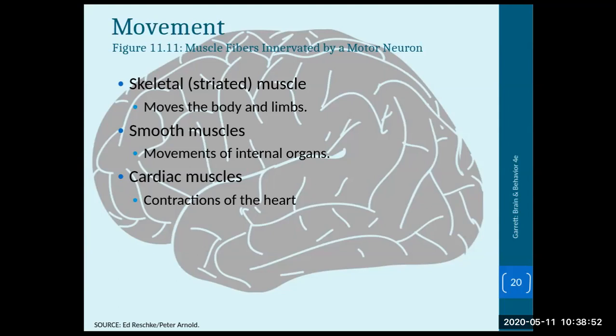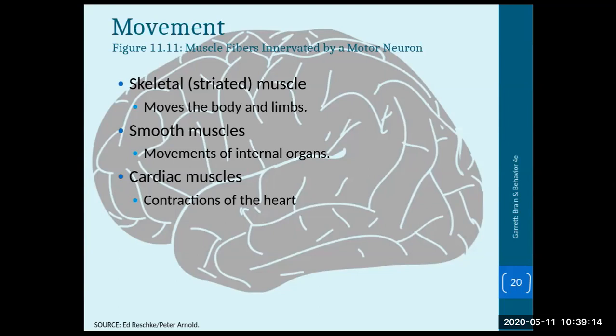We also have smooth muscles, which are actually coordinated by the basal ganglia, smooth muscle movements. And those are the internal organs. So if you feel your stomach growling, or the heart's beating, those are the smooth muscles.